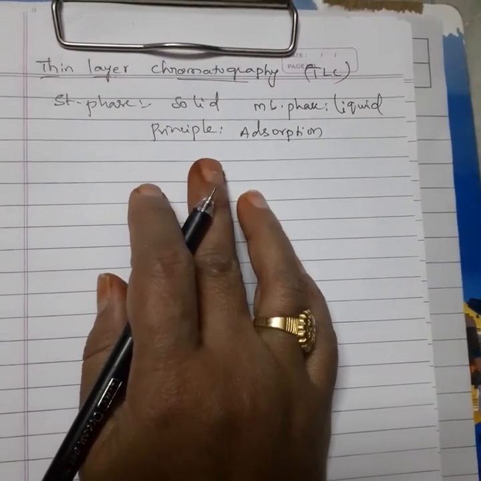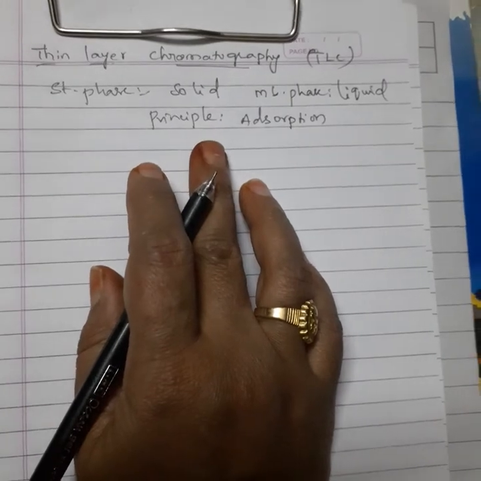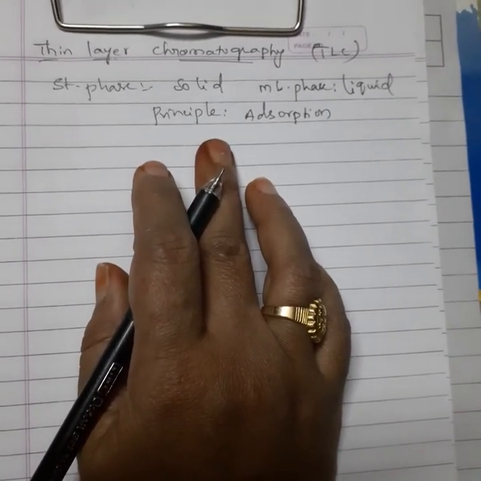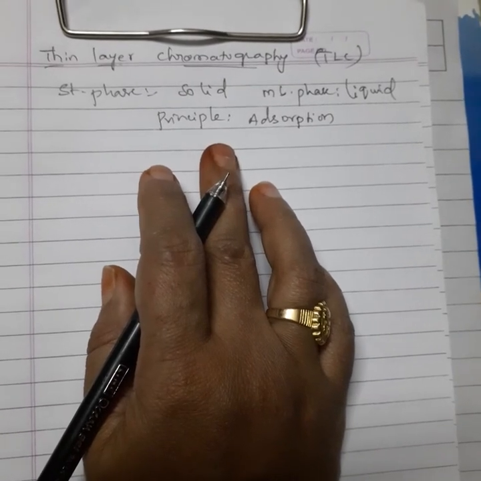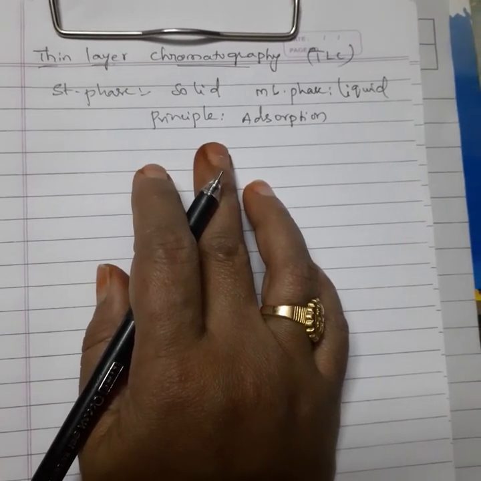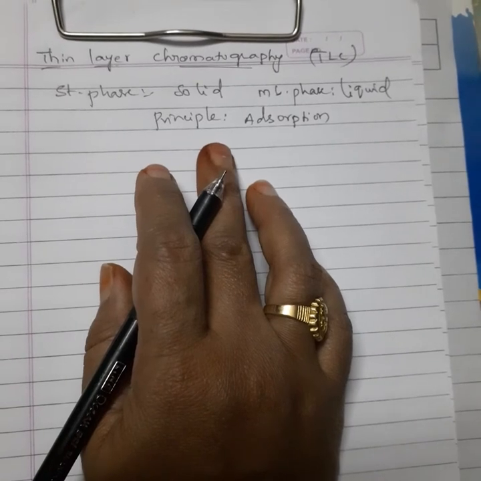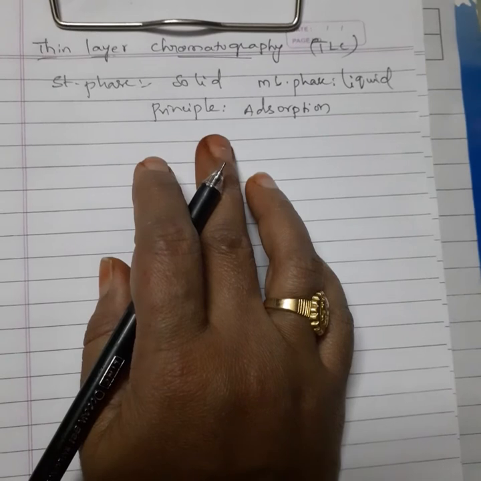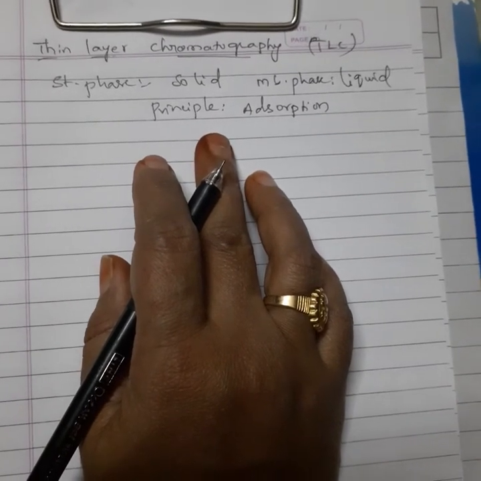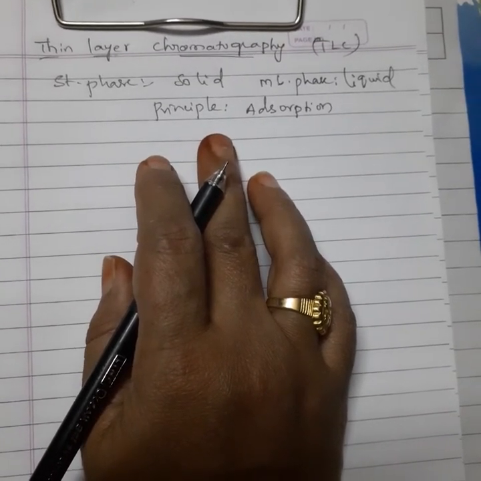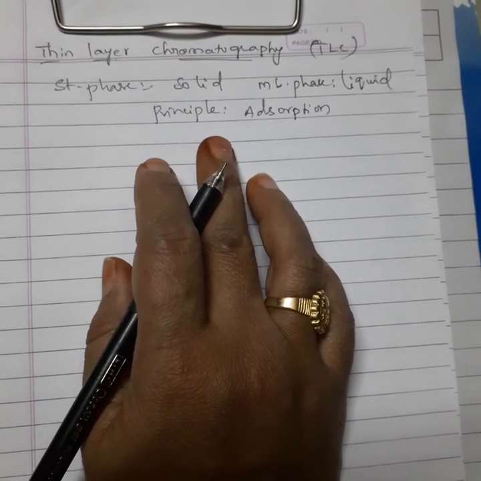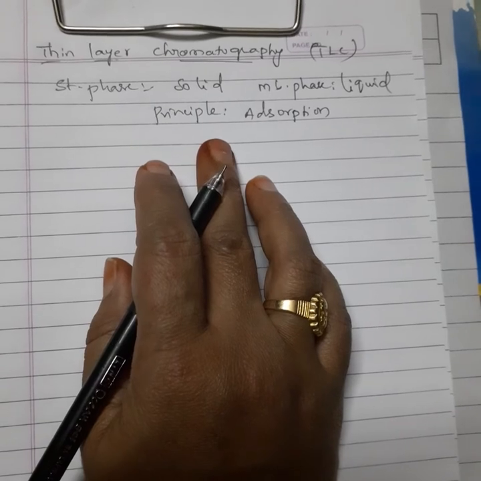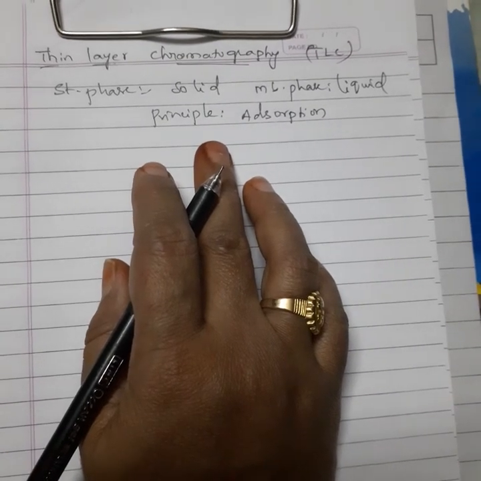Before entering into the main topic, what is the use of this TLC? Actually, TLC is the most popular chromatography, highly used in laboratories. Why? Because in column chromatography we need a bulk quantity of eluent to separate A and B quantitatively. But here we need a very small amount of eluent, that is, mobile phase.